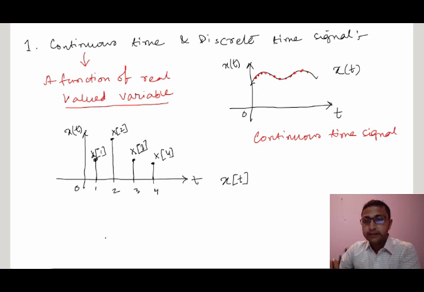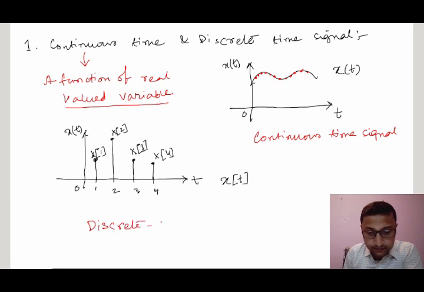The first bracket represents the continuous time signal, whereas the third bracket represents the discrete time signal. So this is an example of a discrete time signal.